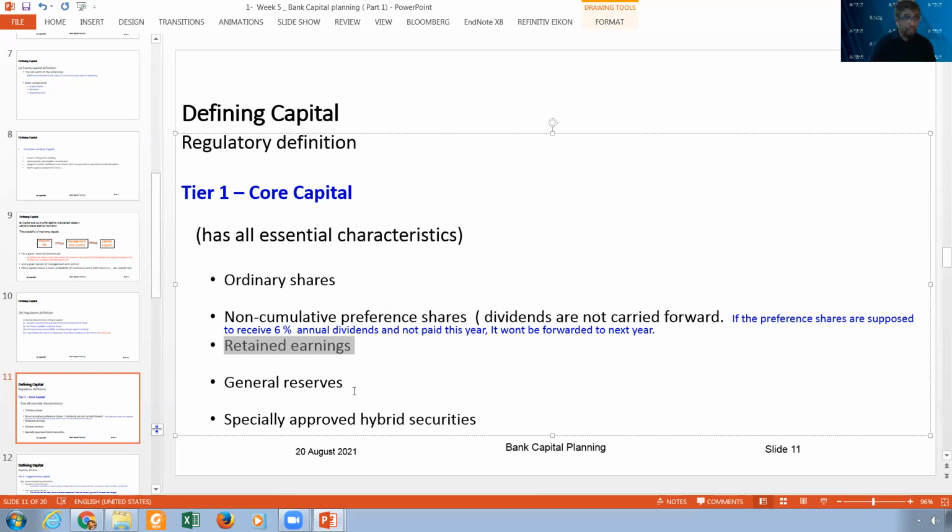Now, we have also general reserves. Any reserve we take from our expenses and from income, of any different type. We have so many reserves. Those reserves actually are part of tier one. And the last one is the specially approved hybrid. Don't worry about this, specially approved, because it's approved by the regulator. We are talking about the hybrid securities. Hybrid securities are a debt.